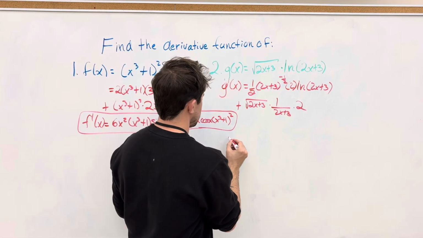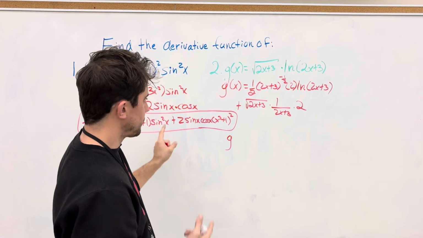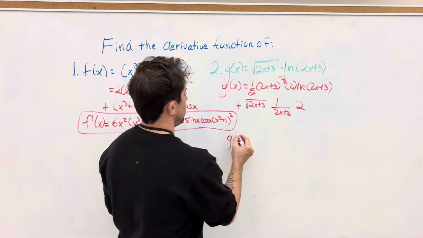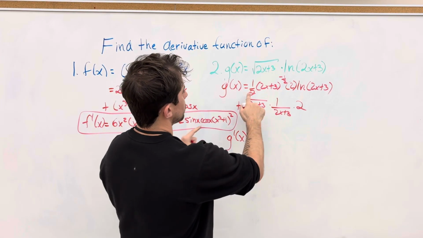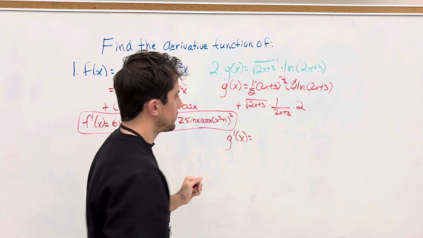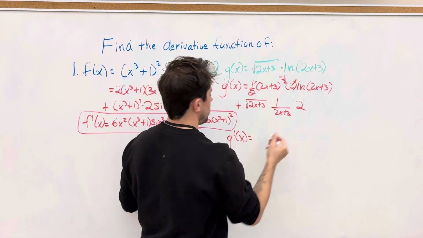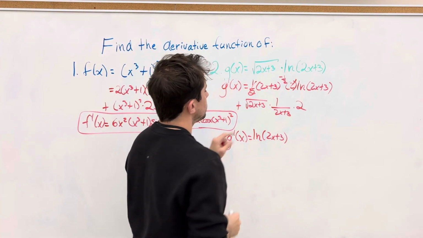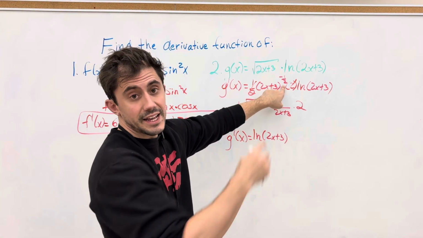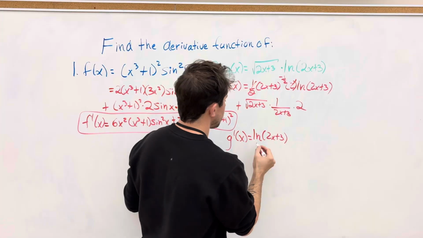And so that means that g prime of x is going to be, let's multiply this through, the 1/2 and the 2 kind of conveniently cancel out. So I'll have the ln of 2x plus 3 times (2x plus 3) to the negative 1/2. The negative exponent means it goes down to the denominator.